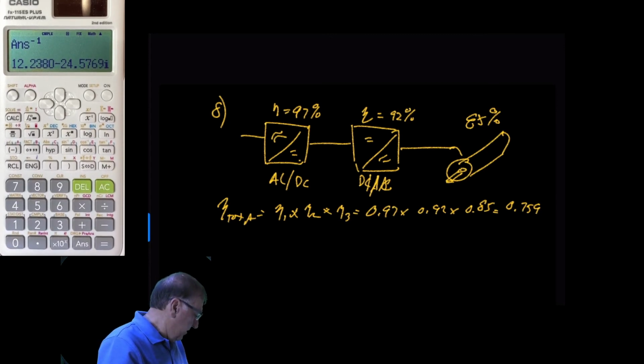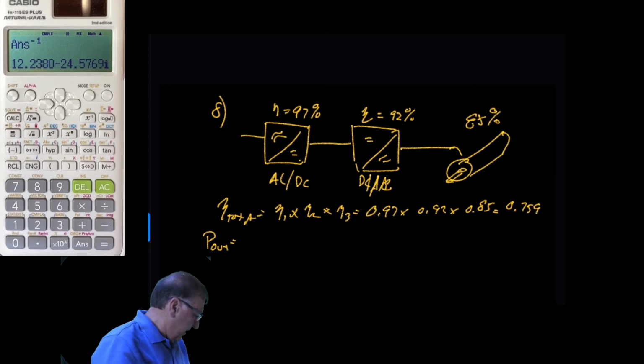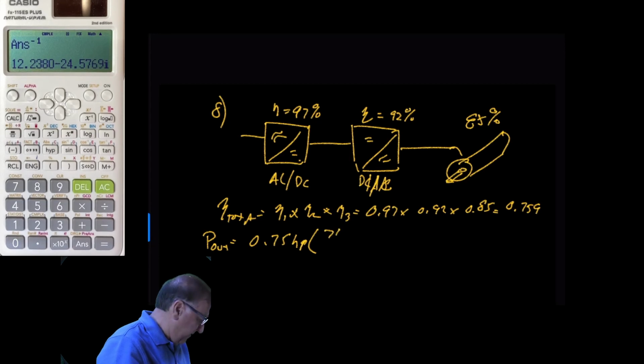So the next thing we want to do is look at our power out, in that we have a 3/4 horsepower motor, and we want to convert that to watts. So we have 0.75 horsepower, and we'll use our conversion factor. Hopefully you have that on your note card, 746 watts per horsepower, and that equals 560 watts.